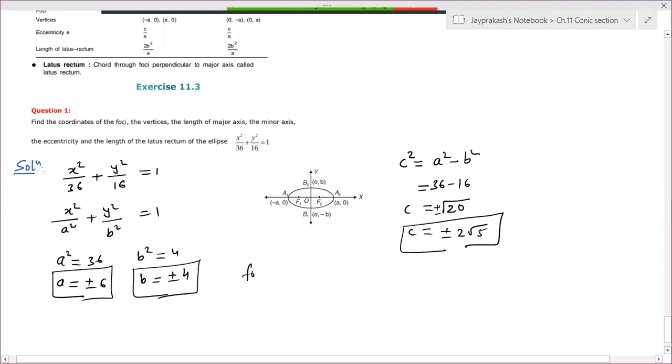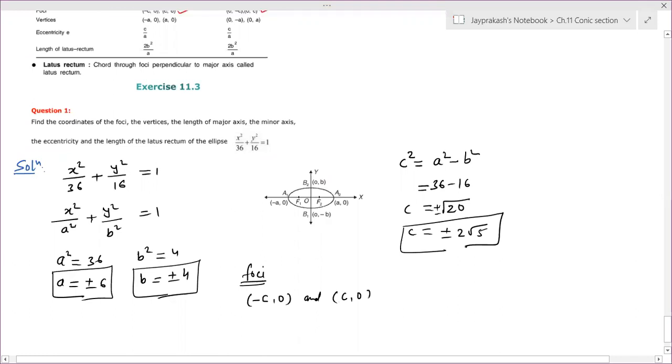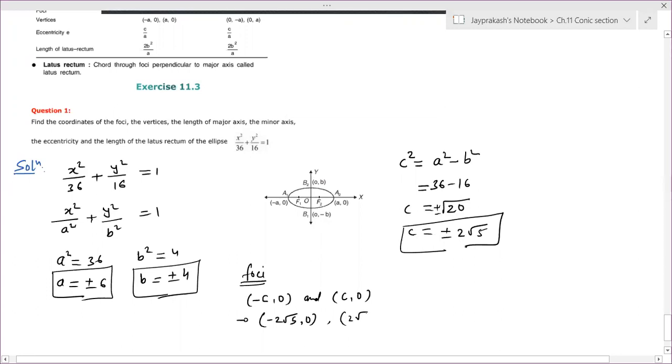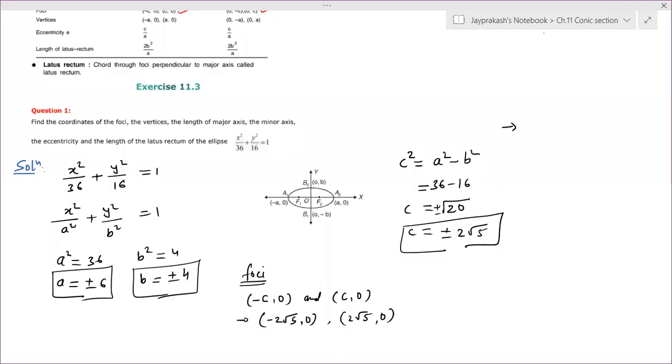Now we have the foci, that is minus c comma 0 and c comma 0. So we have foci minus 2 root 5 comma 0 and 2 root 5 comma 0, on the major axis, that is along the x-axis.